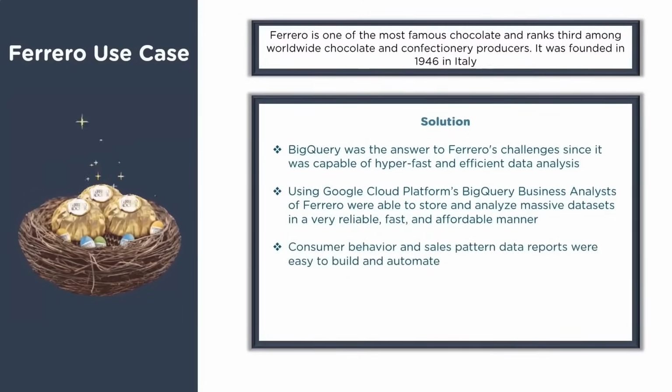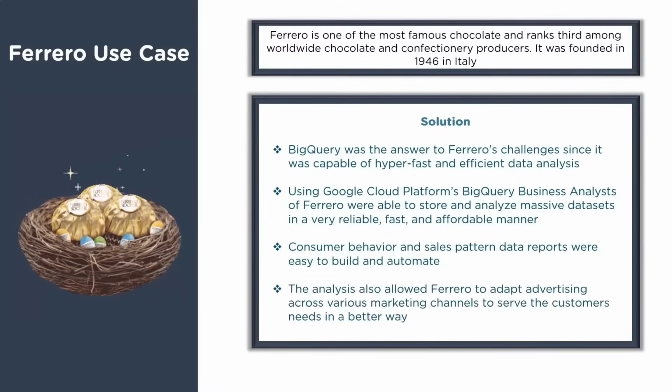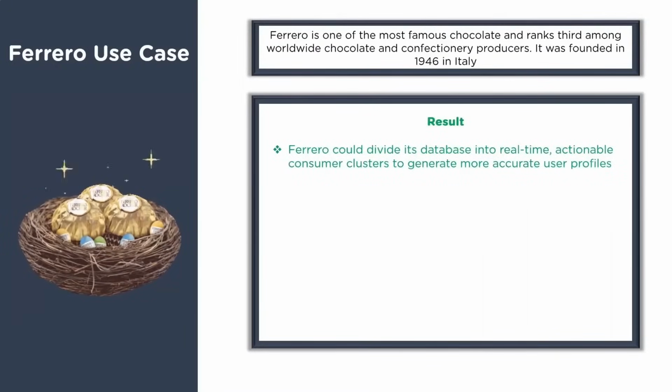Consumer behavior and sales pattern data reports were easy to build and automate. The analysis also allowed Ferrero to adopt advertising across various marketing channels to serve customer needs in a better way. What was the result?